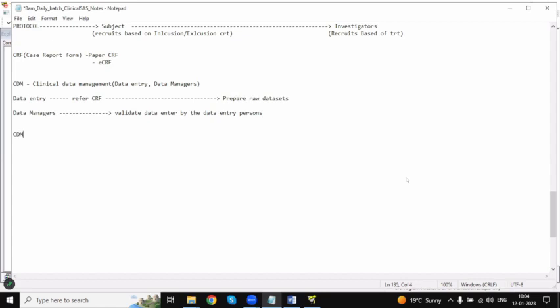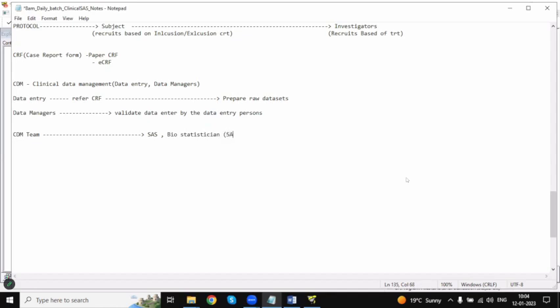After the CDMT, the next team is our SAS team. Remember, our SAS team and the biostatisticians will work together.